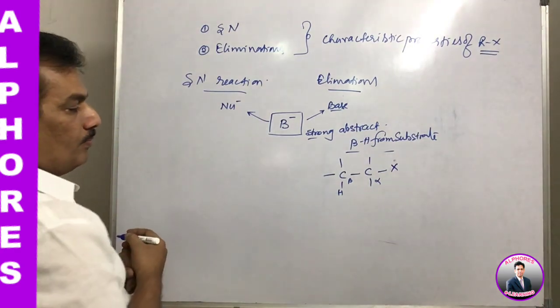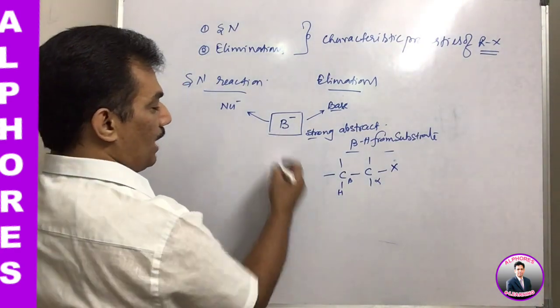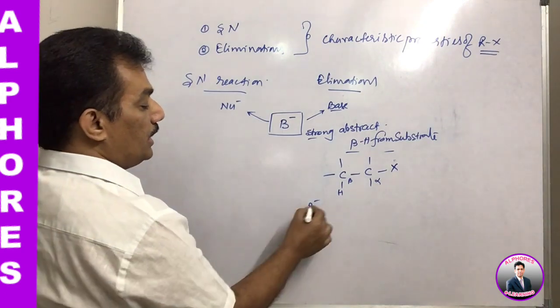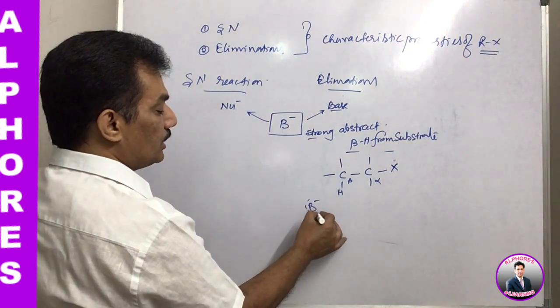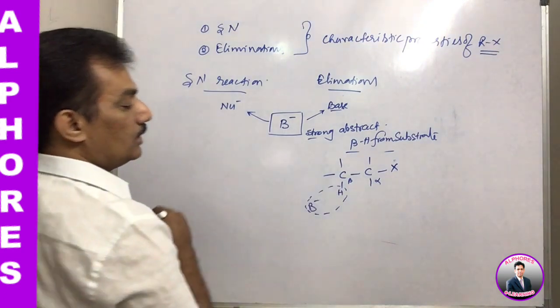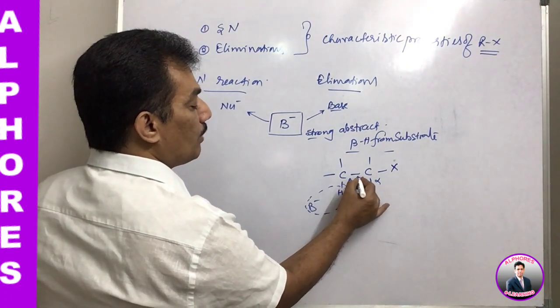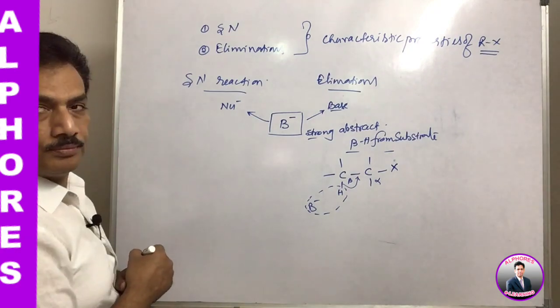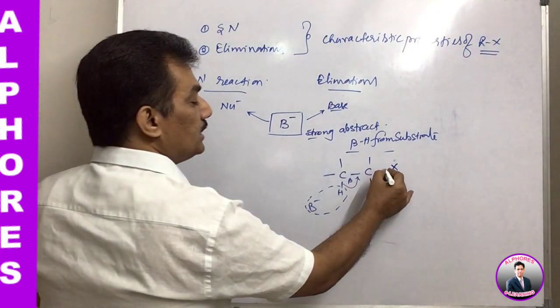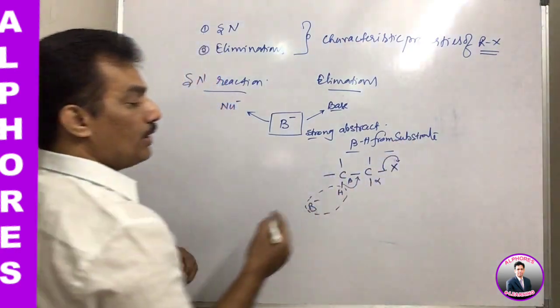Clear? And now in case this B minus is abstracting this hydrogen, then this sigma bond will slowly move to form a pi bond with the other carbon, and thereby this halogen will move out in the form of halide.